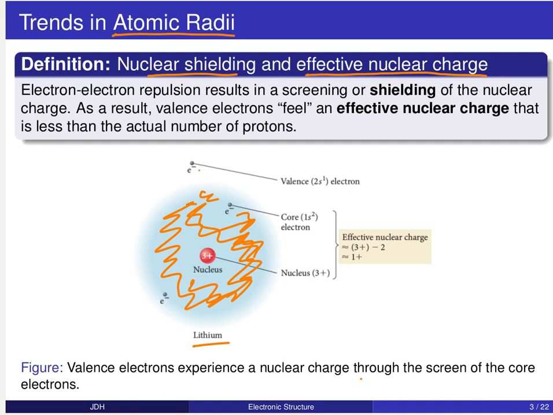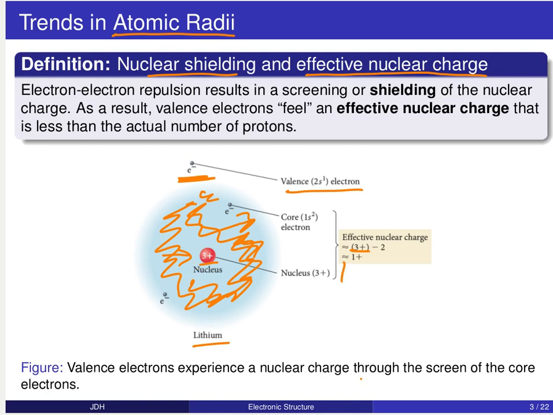Then that outermost valence electron in that s orbital isn't just looking at a bare nucleus, it's looking at a positively charged nucleus through the screen of these intervening electron clouds. And so the result is that the effective charge that this outermost electron feels is not the 3+, but the 3+ charge of the nucleus reduced by the charge in this intervening region.